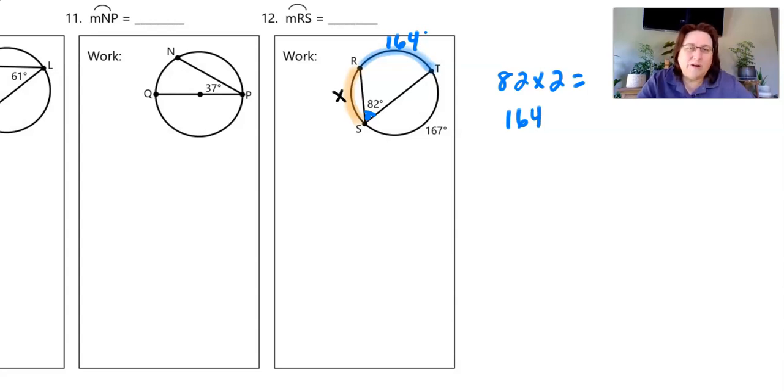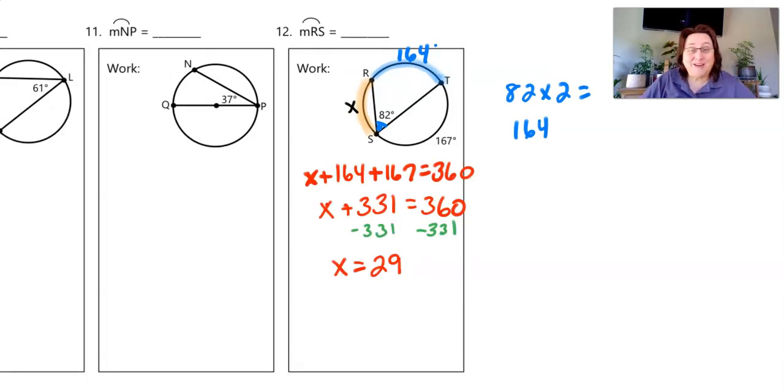We know we're looking for this. This arc measure is 164. This arc measure is 167. What do you know about all of the arcs all around a circle? What do they add up to? 360. So go work this out and tell me, what do you get for the measurement of arc RS?